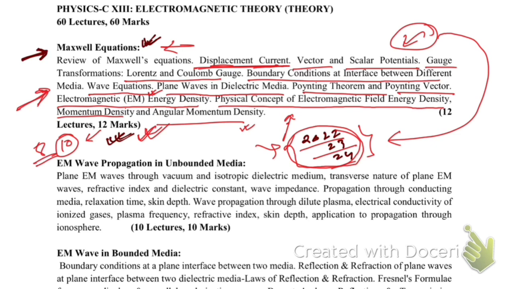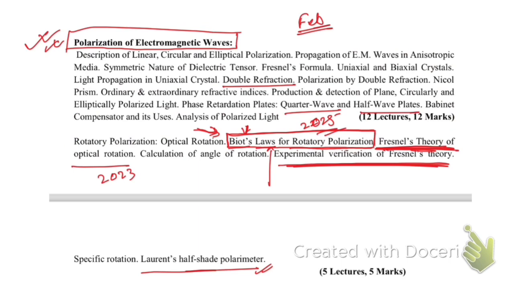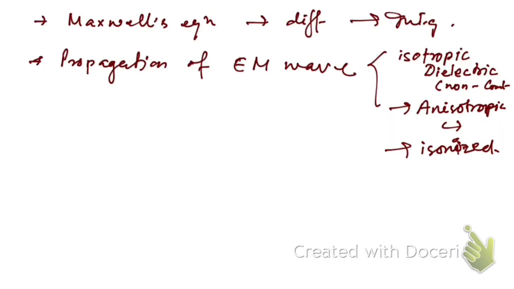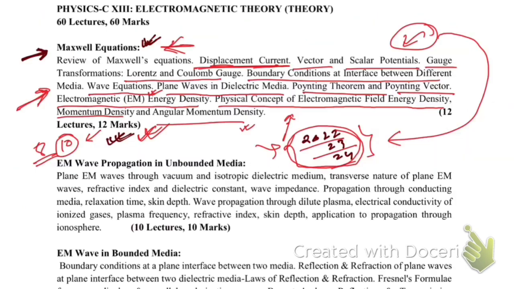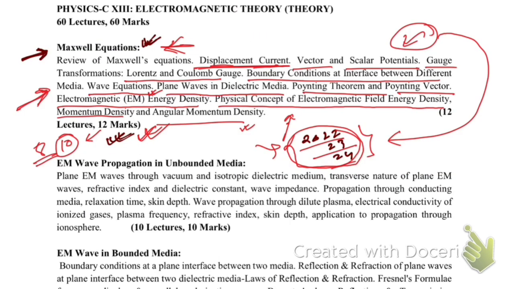If you complete these 2 units and also study those topics that I have already told you, here you see these 8 topics, most of the topics out of these 8 topics are from these 2 units, this one and this one.